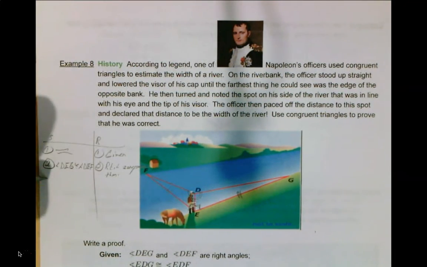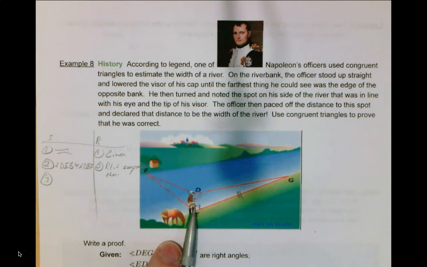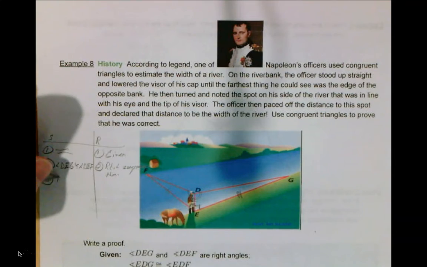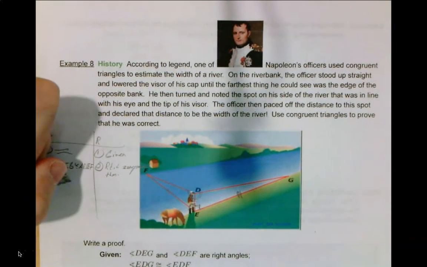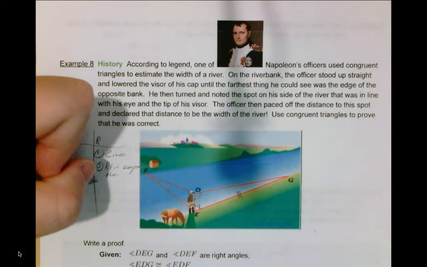Okay, statement 3. What else do we know? We already said it. DE is congruent to DE. Reflexive property.